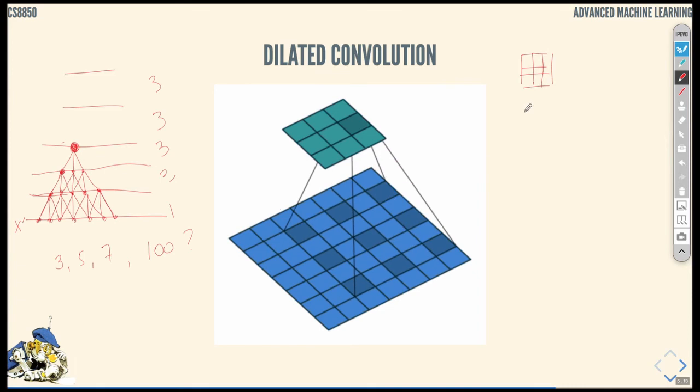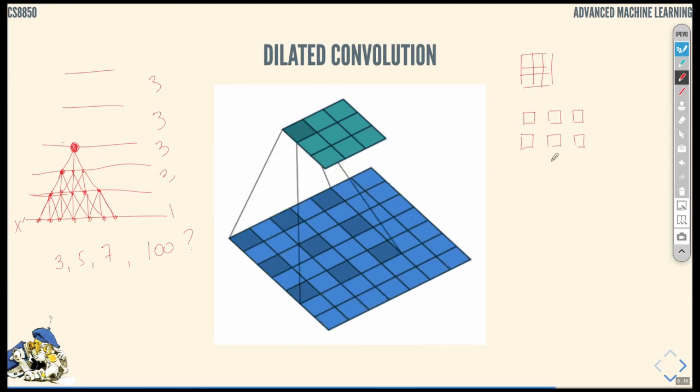But then, instead of going with larger convolution at the next layer, we still use a 3 by 3 convolution, but we will leave holes, skip or open up our parameters.